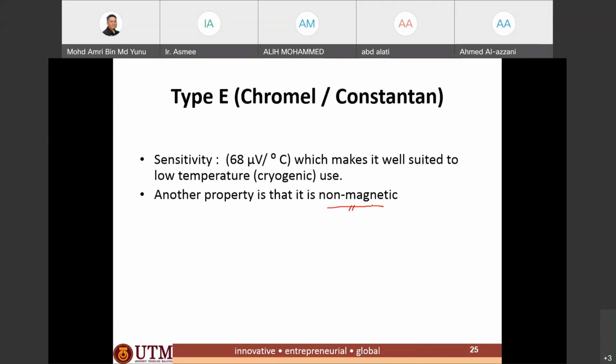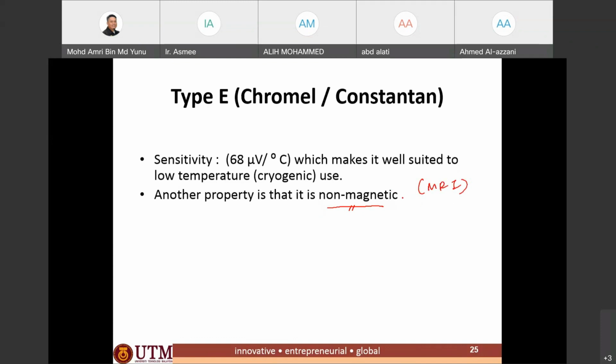For example, in an MRI machine, magnetic resonance imaging equipment, that is basically a large magnet.